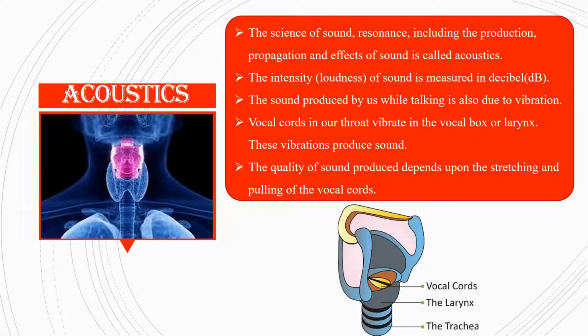Decibel is written as small letter d and capital letter B. The sound produced by us while talking is also due to vibration. The vocal cords in our throat vibrate in the voice box or larynx, and these vibrations produce sound. The quality of sound produced depends upon the stretching and pulling of the vocal cords.